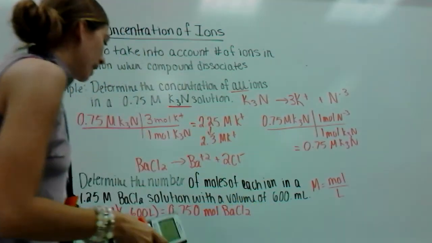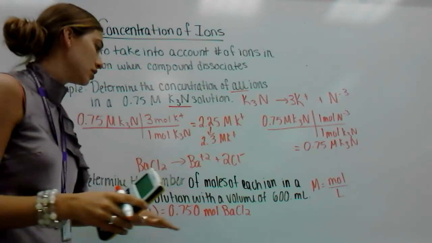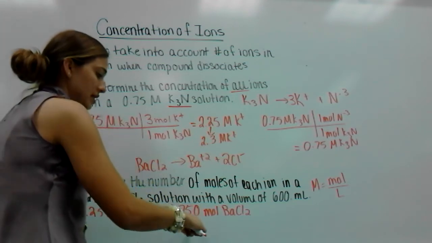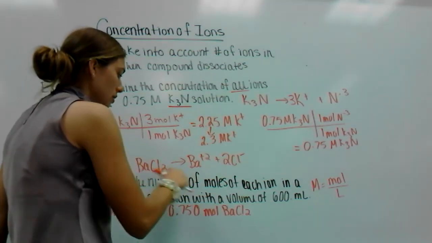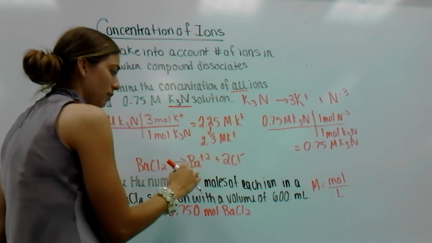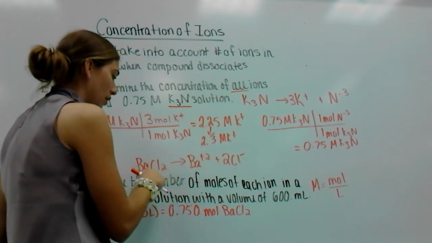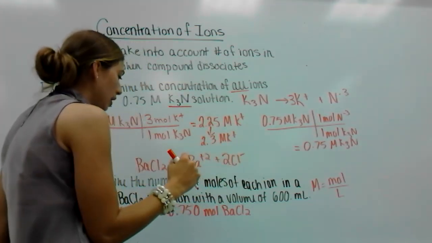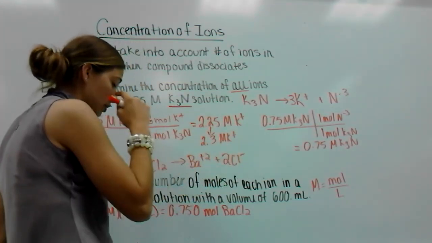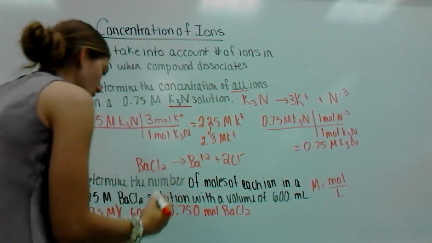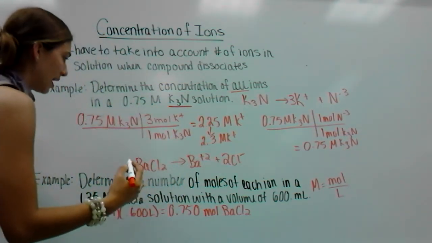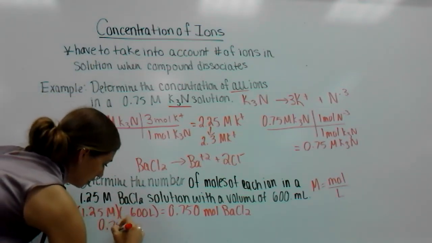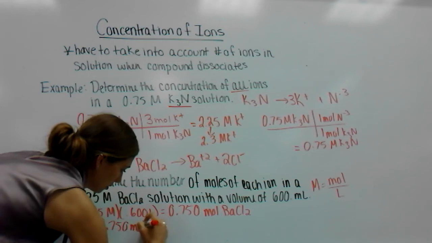BaCl2. Now that we have the moles of BaCl2, we can do the same exact thing that we did above. You start off with 0.75 moles of BaCl2. It will create 1 mole of Ba 2 plus for every 1 mole of BaCl2 that's inputted, and we'll produce 2 chlorine ions for every 1 mole of BaCl2 that's put into solution. So we're going to have to do a conversion factor.